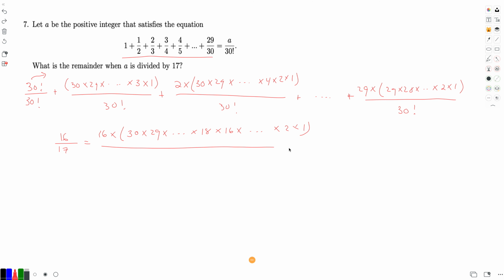And then we'll divide this by 30 factorial. Now we need to reduce the numerator modulo 17. Modulo 17, the outermost 16 is just -1.